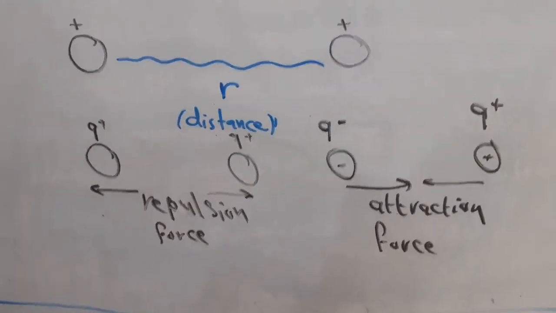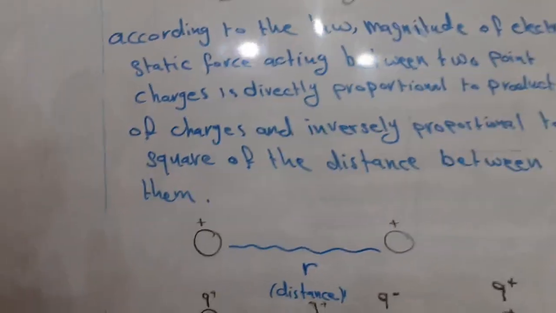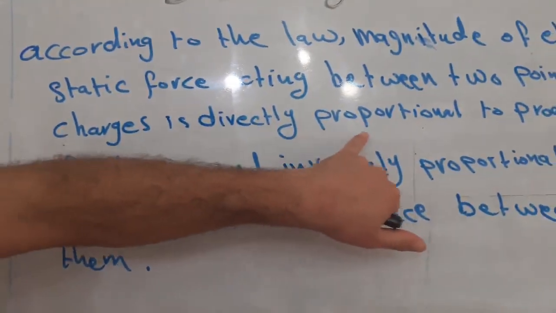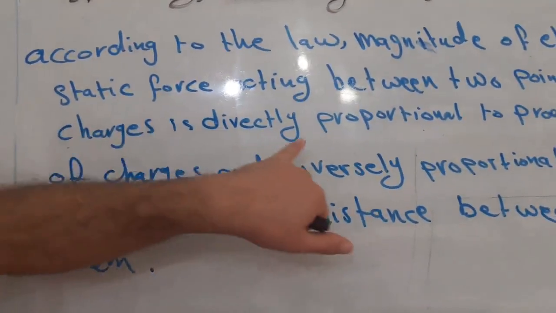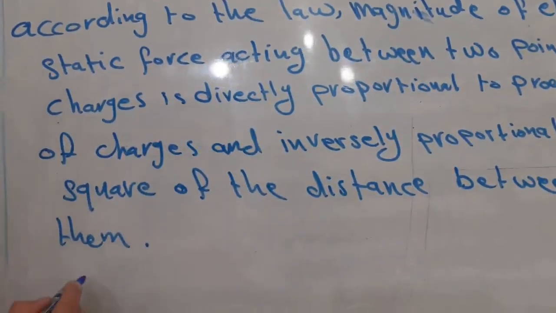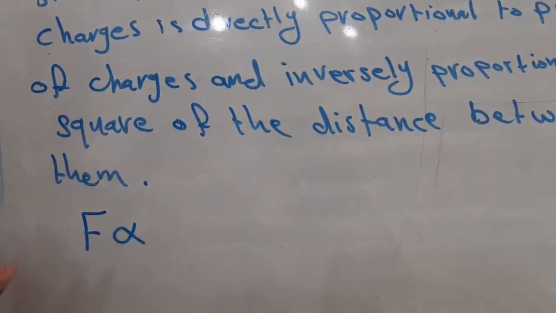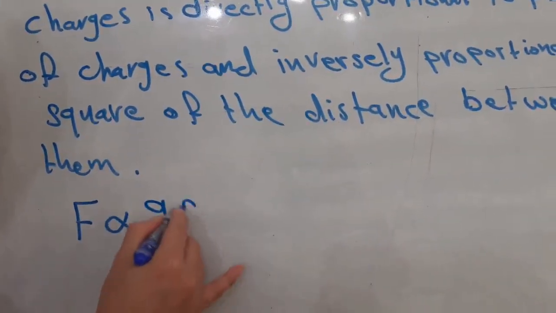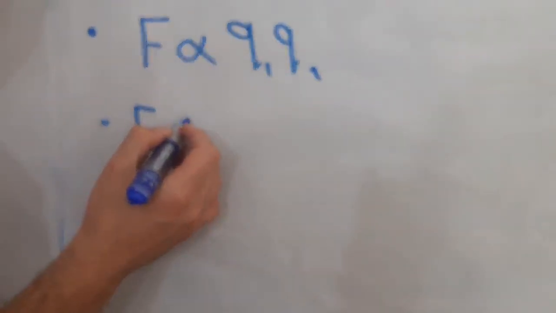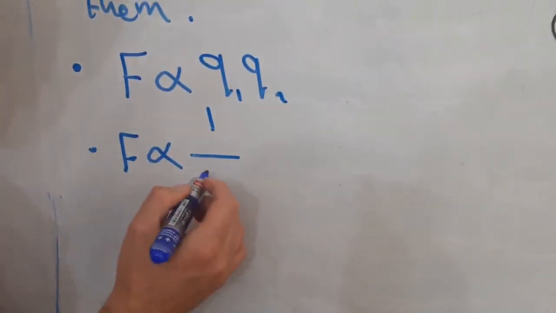Now I will write Coulomb's law mathematically. First, the proportion between the force and the charge amount is direct. This means F is directly proportional to Q1 Q2. Second, force is inversely proportional to the square of the distance between them.